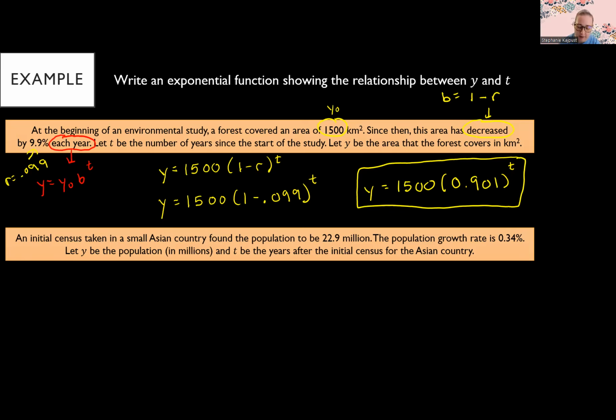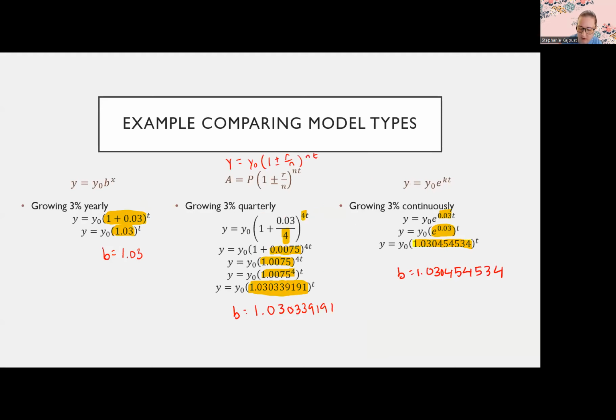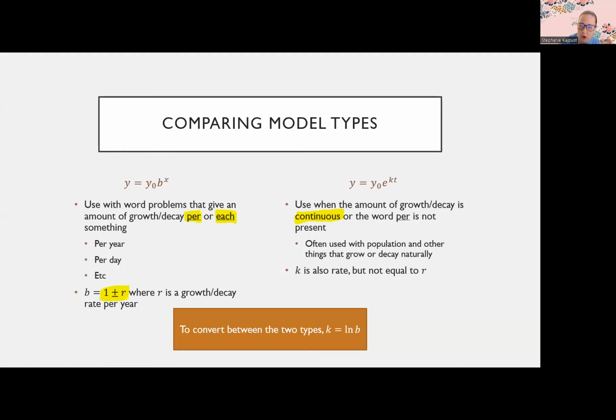So if I go back to this one here, there was nothing to indicate continuous. We don't have anything specifying yearly, and we don't have anything telling us how many years it is. So it's like, okay, which one of these is it? When you can't clearly indicate which bucket it goes into, then we go back to, is this something that's growing naturally?